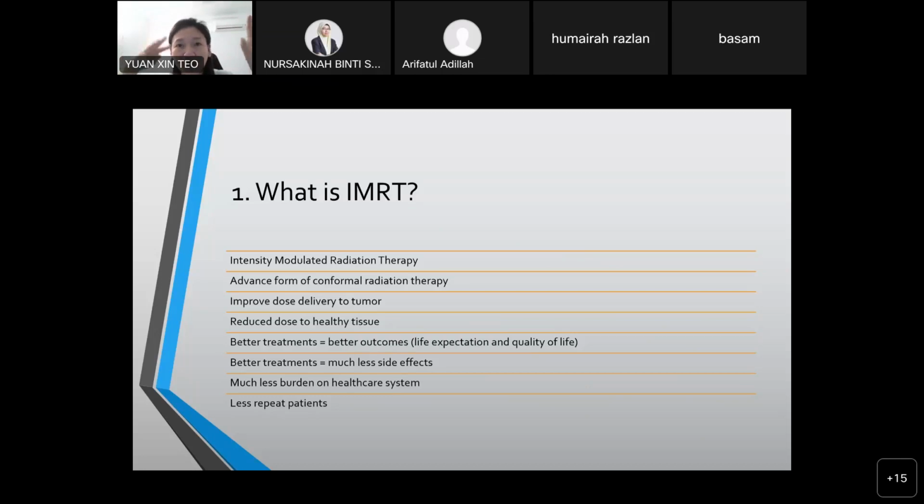After 3 years, this group of 3D patients may have a recurrence of their cancer, so we have to repeat the treatment for them. This is only an example. Okay.